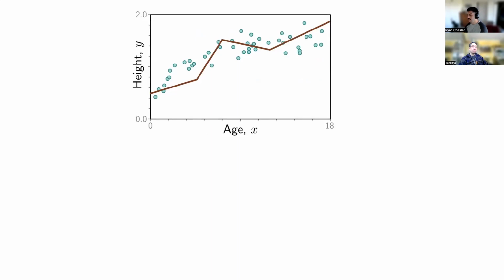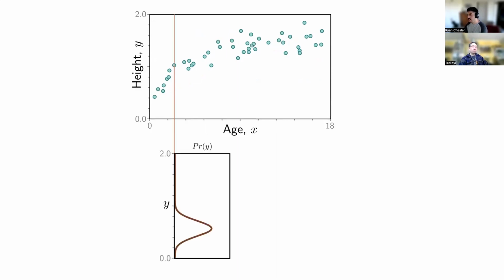One way is you can draw a line through these points, but then you have to figure out how to actually determine the parameters to draw that line. One way of looking at it is just drawing that line through, and the other is looking at it from the probability perspective. So saying, given this age, what is the distribution of heights at this age?